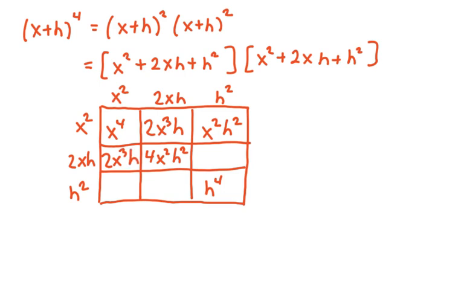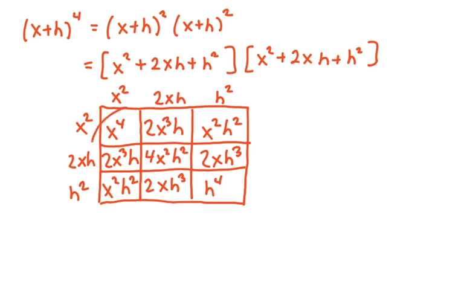And then h squared times x squared is, again, x squared h squared. You guys see that? And h squared times 2xh is 2xh cubed. And then 2xh times h squared is 2xh cubed.